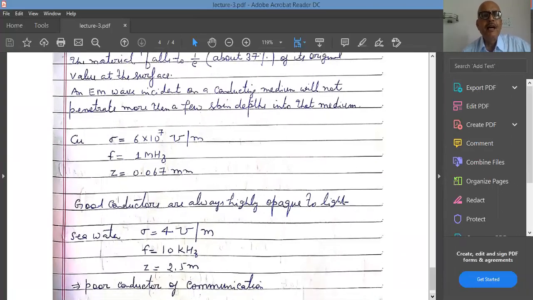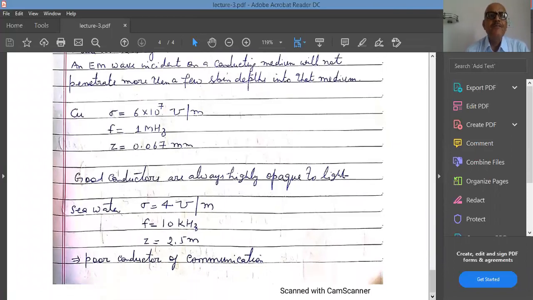Another example is seawater. Seawater conductivity is 4 mho per meter. If I put a frequency of 10 kilohertz, the skin depth comes out to be 2.5 meters. If you see, it is a poor medium for communication.